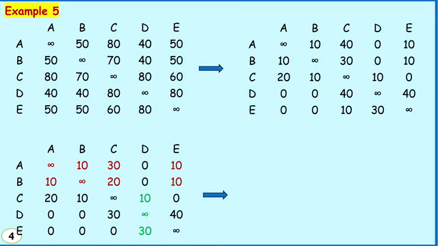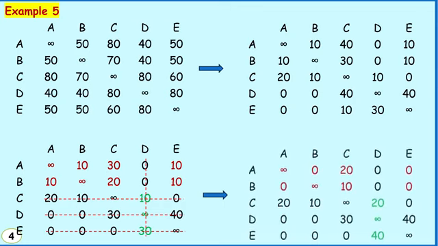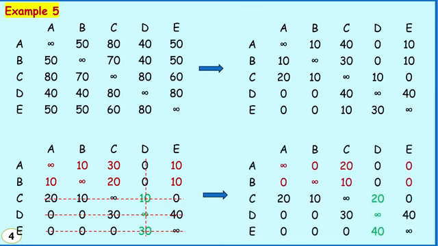Now you draw horizontal and vertical lines to cover all the zeros, and these lines should be as minimum as possible. If you see, there are only 4 lines, and because of the 4 lines there are some uncovered elements. From these uncovered elements we need to subtract the minimum value.